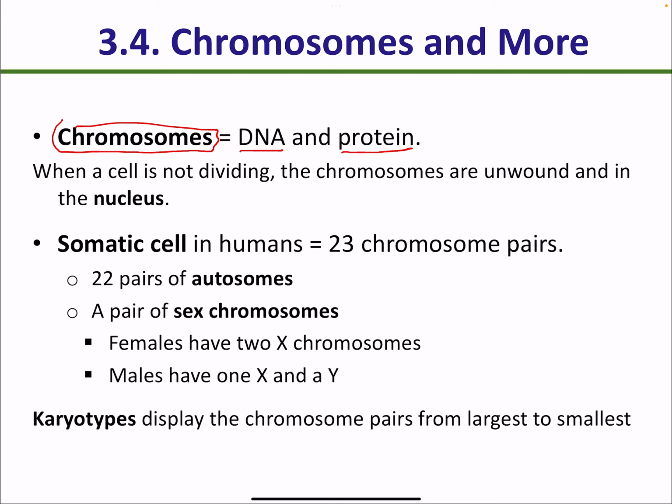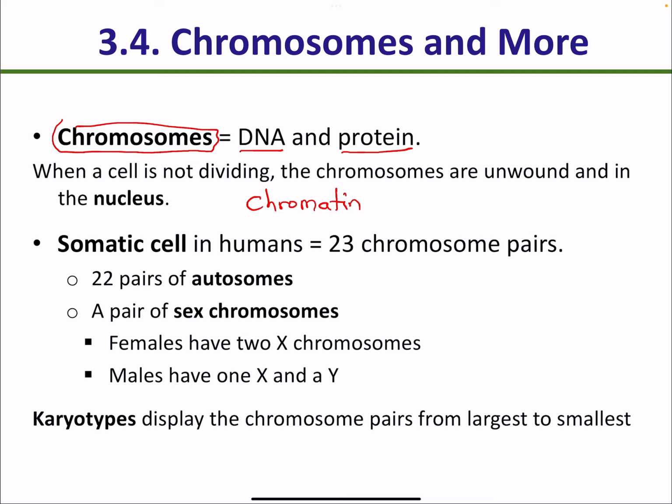Now, during the cell cycle, the DNA is not always compacted, condensed in a visible manner, right? Most of the time, it's actually unwound. And when that DNA and protein is unwound, we don't call that complex structure a chromosome. We call it rather chromatin.